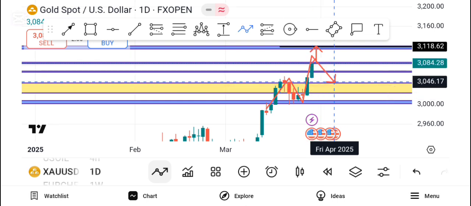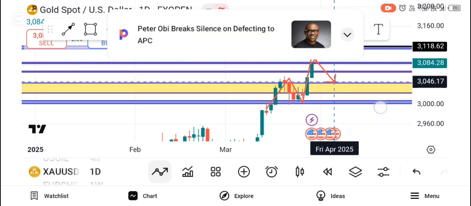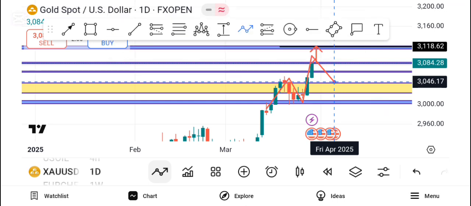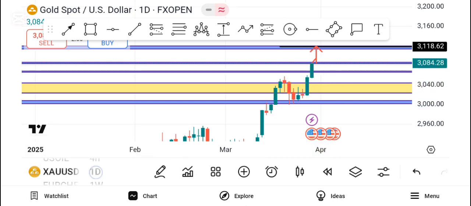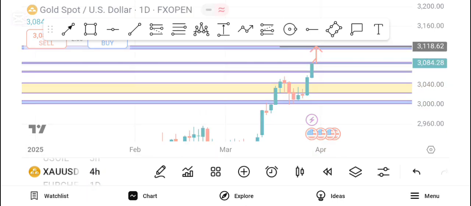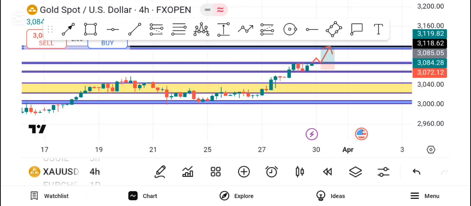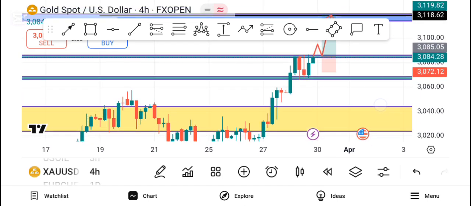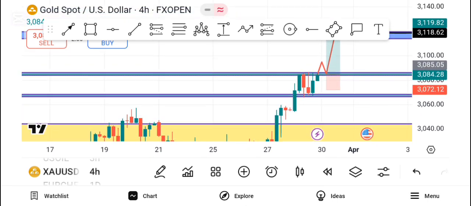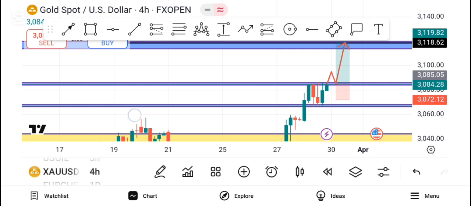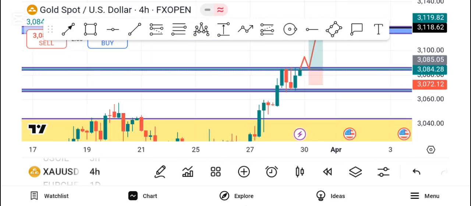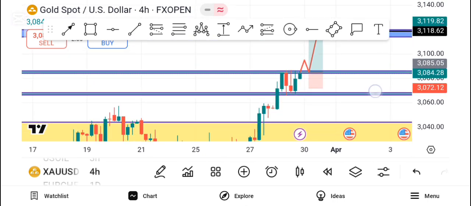Let's go to the lower time frame and know what we are going to expect. Let's go to the 4 hours. In the 4 hours, what do we see? Also a beautiful uptrend, but there's no more to talk about in these 4 hours. So let's go to the 1 hour time frame where we can take our buys.